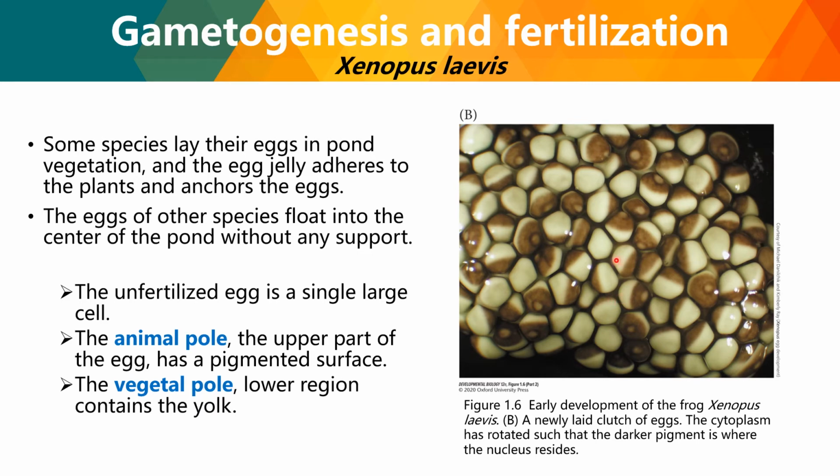As you see here, there's already the animal pole and the vegetal pole. Okay. The unfertilized egg is usually a single large cell. So this is a single cell. The animal pole is the upper part of the egg that is pigmented, and the vegetal pole is the lower region that contains the yolk.